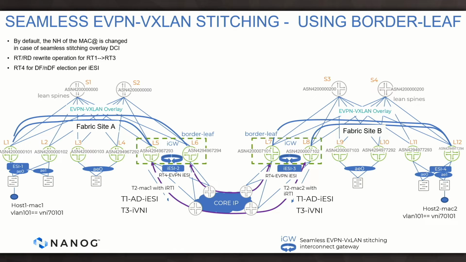So that interconnect ESI, we can see on the left-hand side, will actually be used as a tooling to identify whether this MAC comes from site A or site B or site C or site D, right? We can have more than 2 sites. So pretty good as a tooling to really know and understand what's the origin of that given workload.